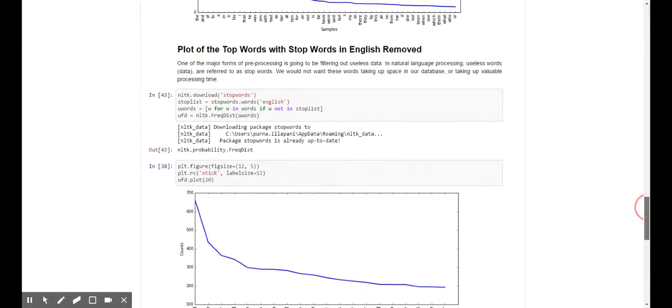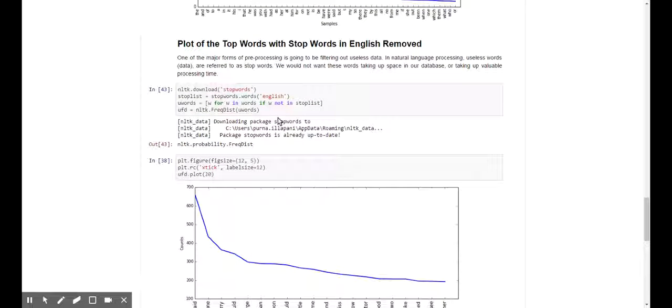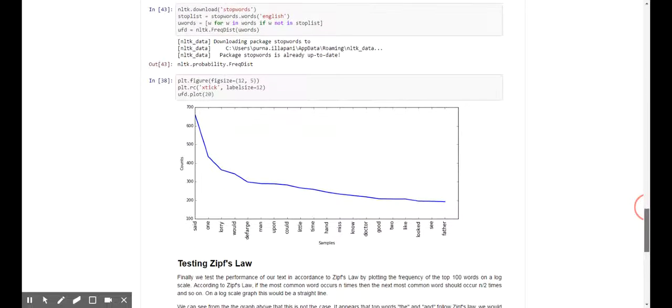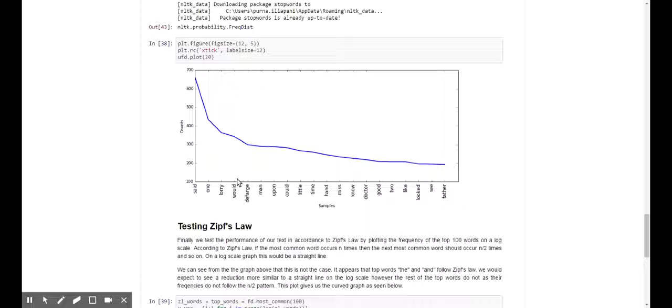So we removed the stop words, and after removing them, what we find, as shown in this plot, are the other words and their occurrences. In this case, the word "said" is occurring around 650 times, and the word "father" coming up 200 times.